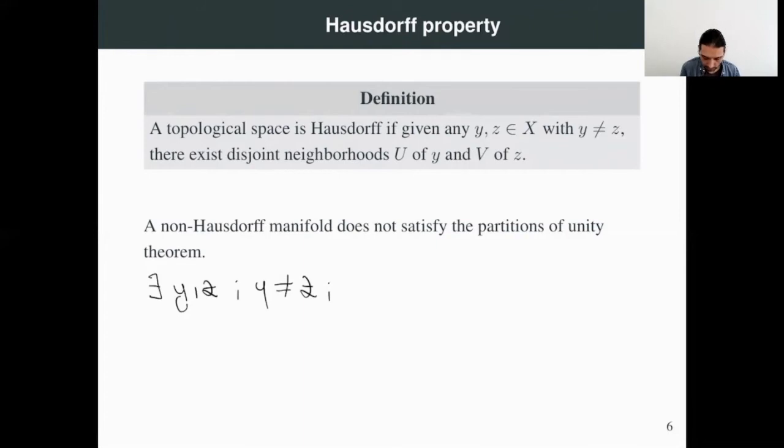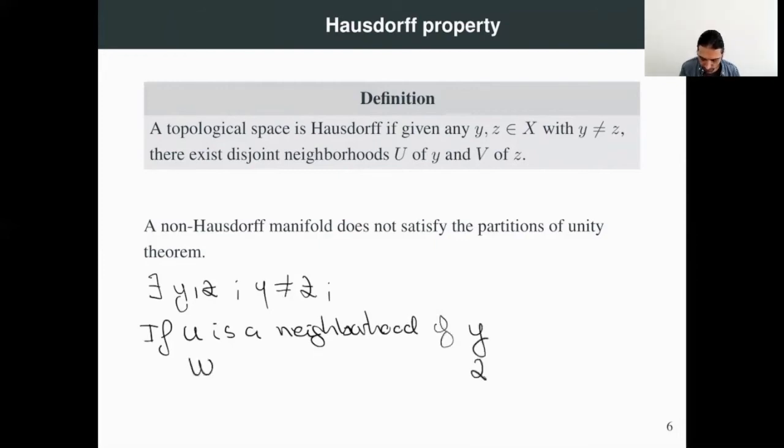So that every neighborhood, if U is a neighborhood of Y, and W is a neighborhood of C, then the intersection of U and W is non-empty, all right?